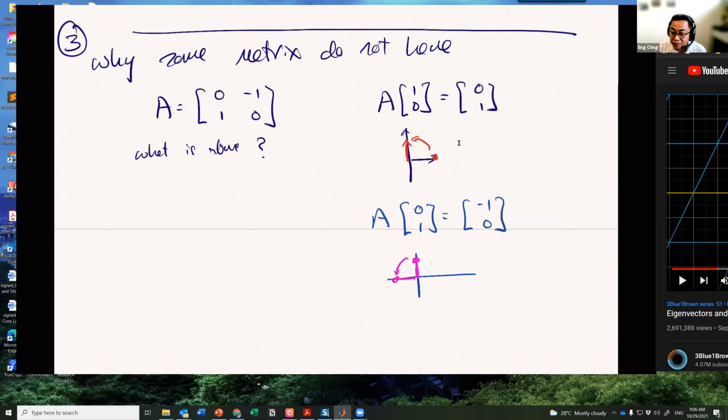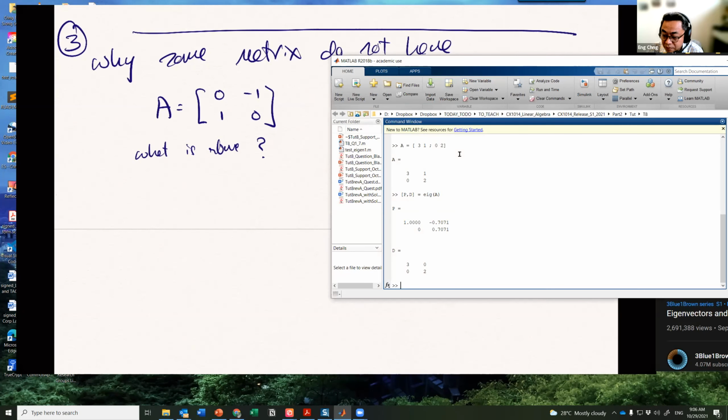So let's try. A equals 0, minus 1, 1, 0. So this is my matrix. And we take the eigenvalues of A. I told you that in the real space it doesn't have any, but in the complex space we have an eigenvector that is in complex numbers, and the eigenvalue is also a complex number.